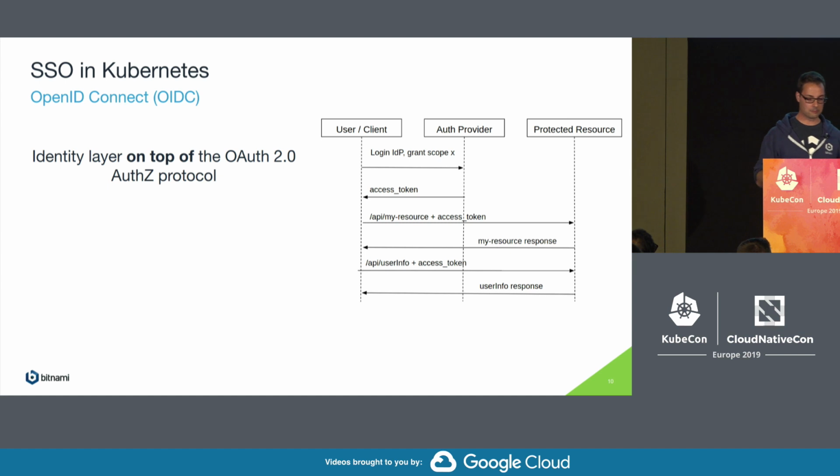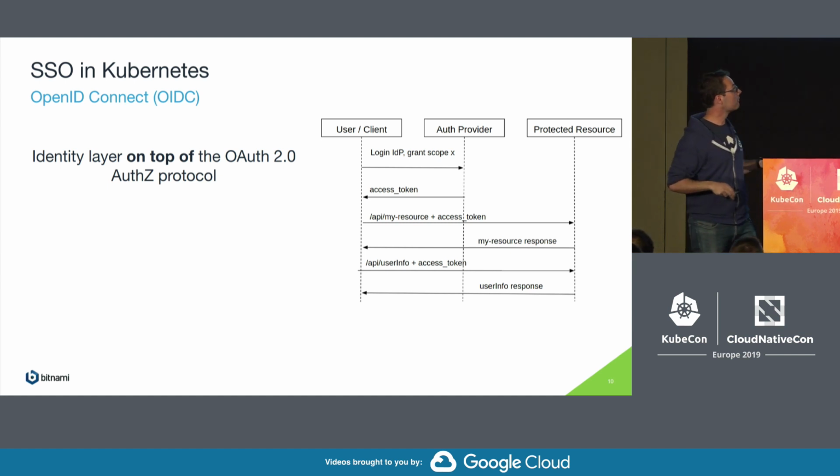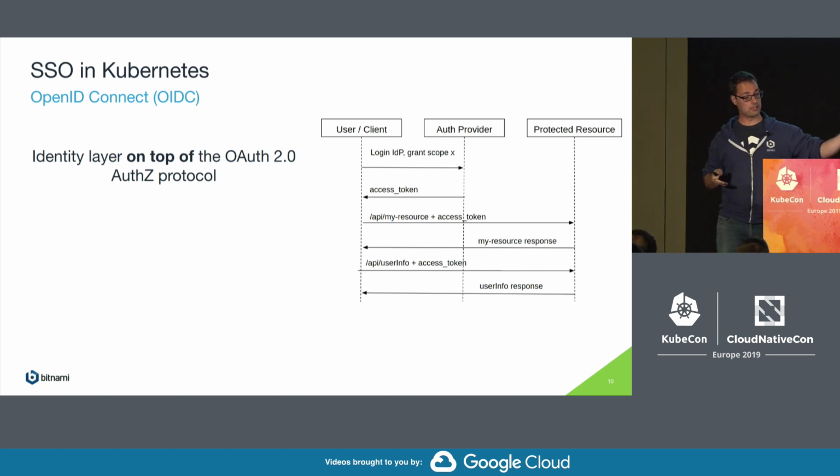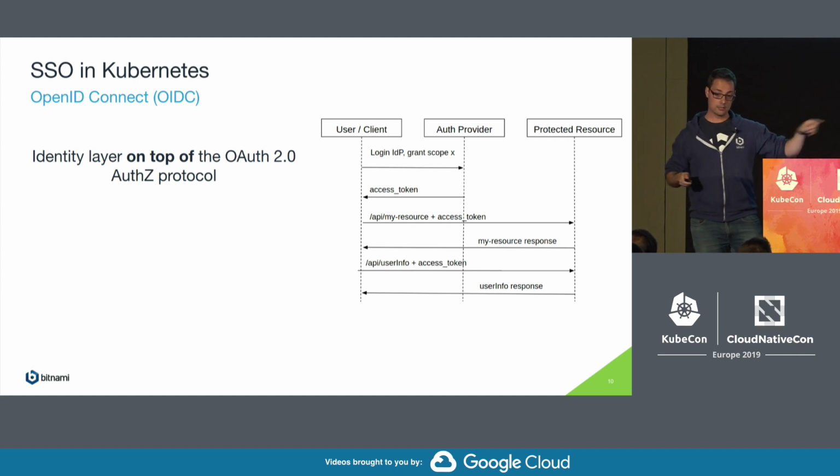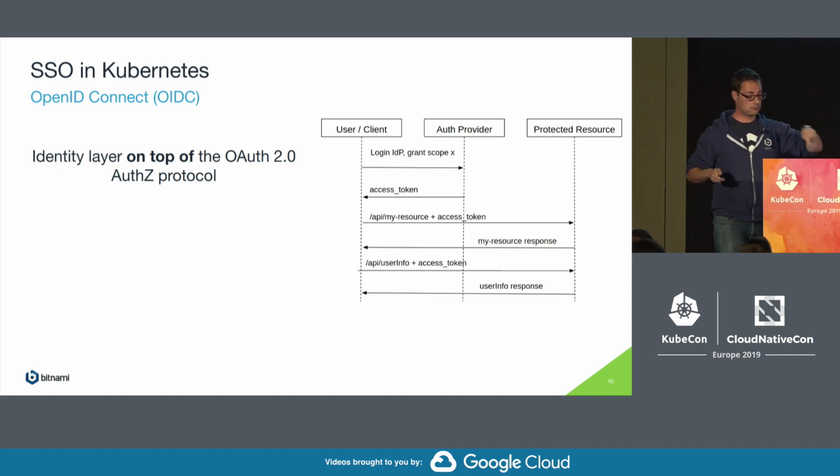To understand it a little better, I created this diagram on the right side, which is an oversimplified version of the flow, in which we have 3 actors. Actually, there are kind of 4: the user and client, the authentication provider, and the resource that the client wants to access. The first step is that the user is redirected to the authentication provider, saying, can you please grant access to this client to these kinds of resources via the scope?